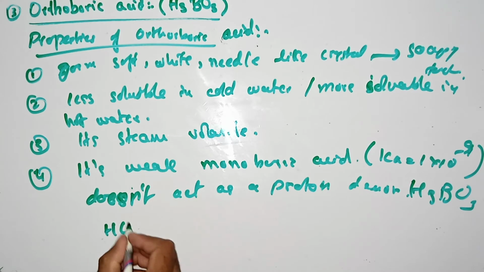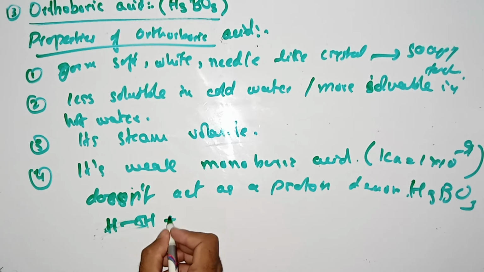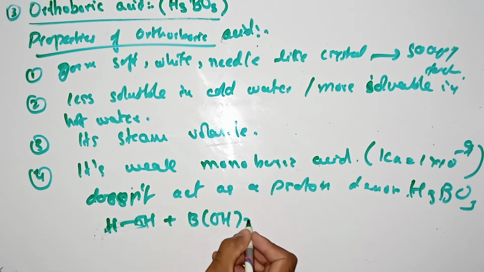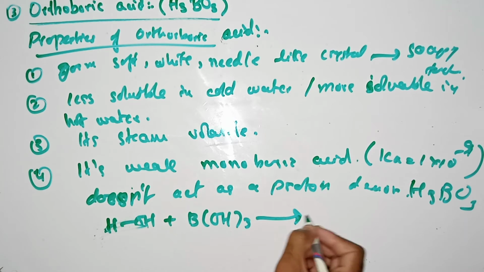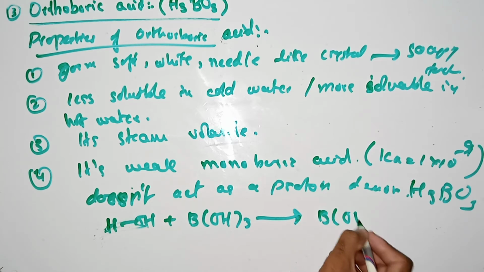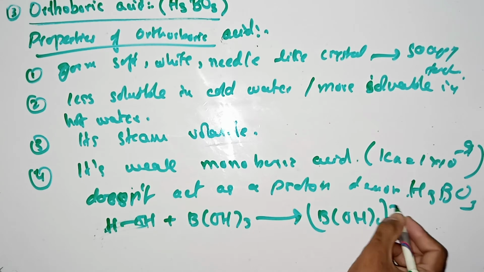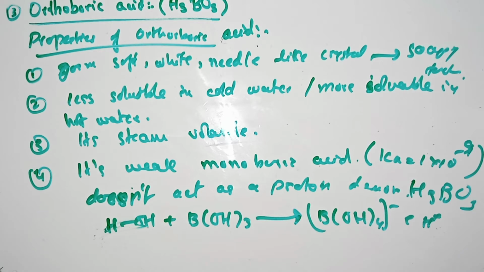For example, water, HOH, plus B(OH)3 will produce B(OH)4 negative plus H positive. So it acts as a Lewis acid, not as a proton donor, but it is a monobasic acid.